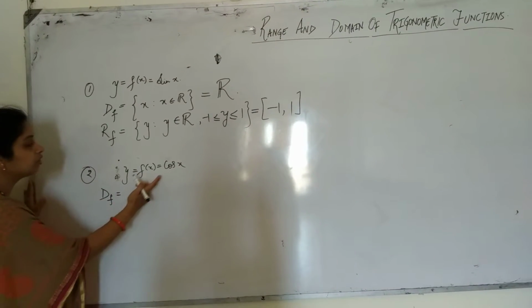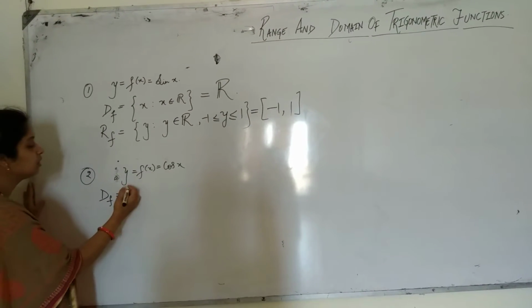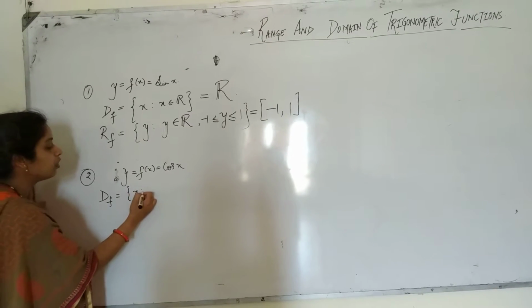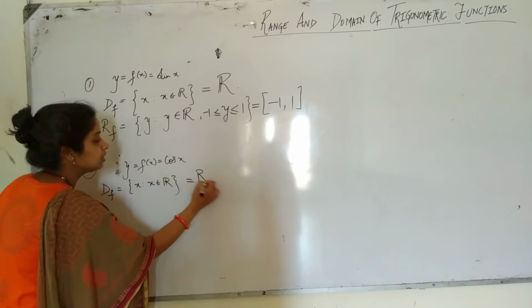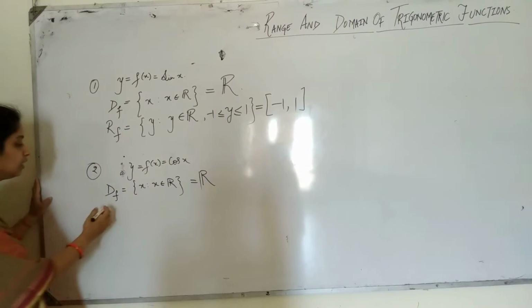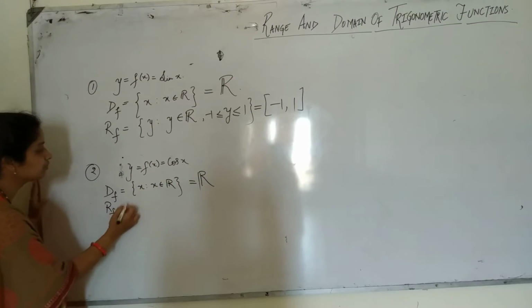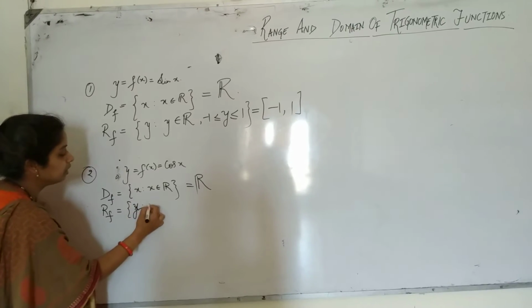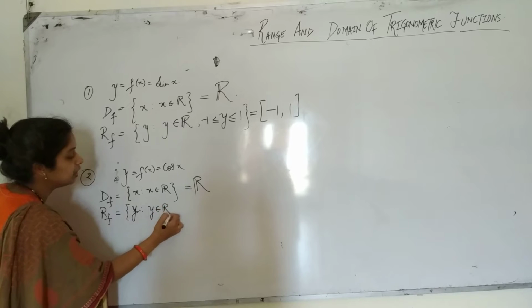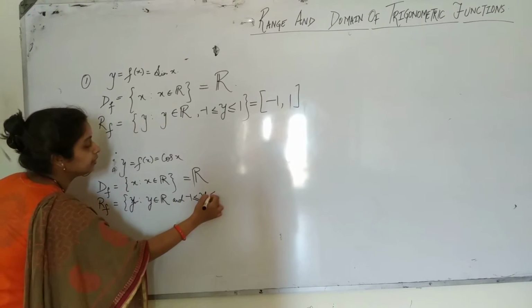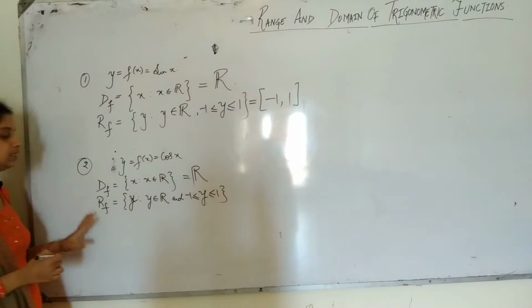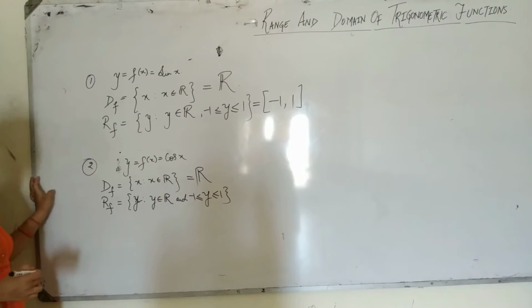First of all, the domain of this function cos x will be the same, the set of all real numbers, or in short R. And the range of the function cos x is y such that y belongs to the set of real numbers, and y always lies between -1 and 1. This is the range for the function cos x.